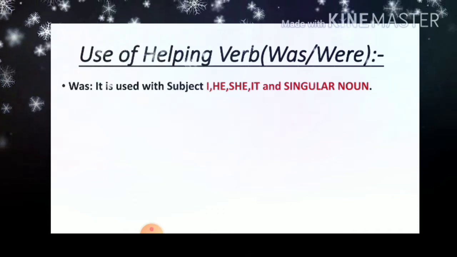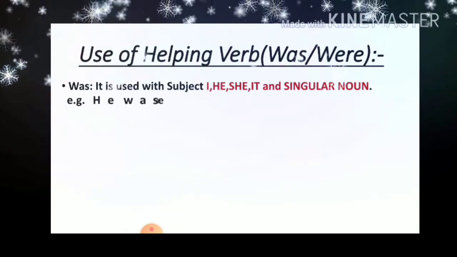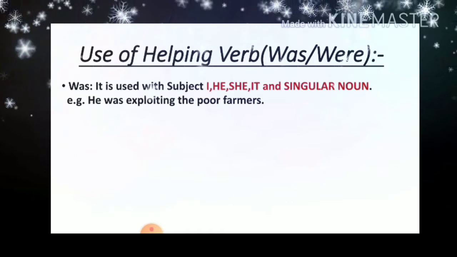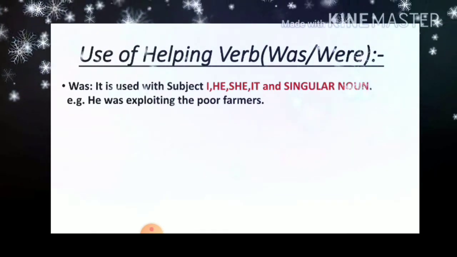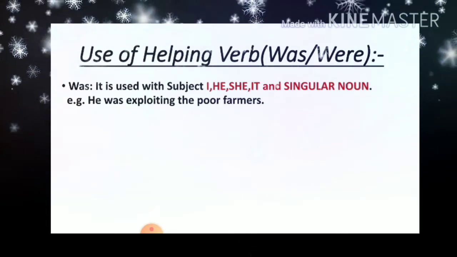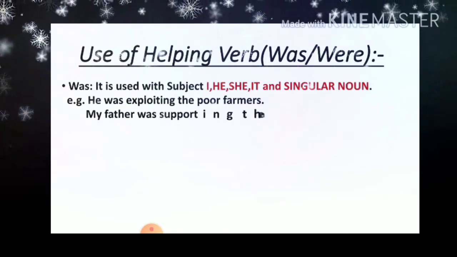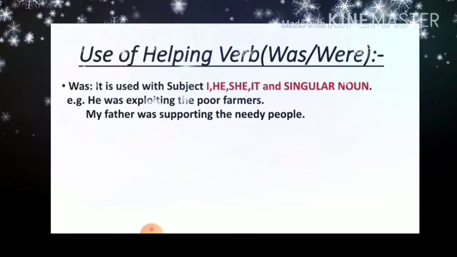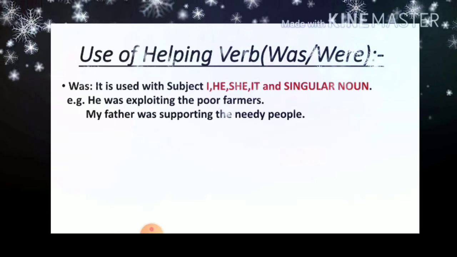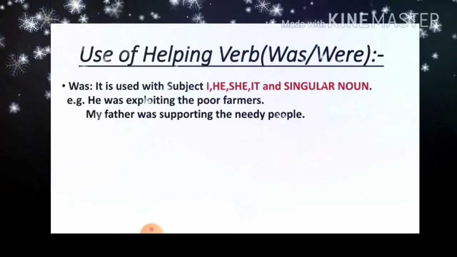For example, he was exploiting the poor farmers. So here, he, as per the rule, takes was. And the second one is: my father was supporting the needy people. In the same manner, my father is a singular noun, that's why was is used.